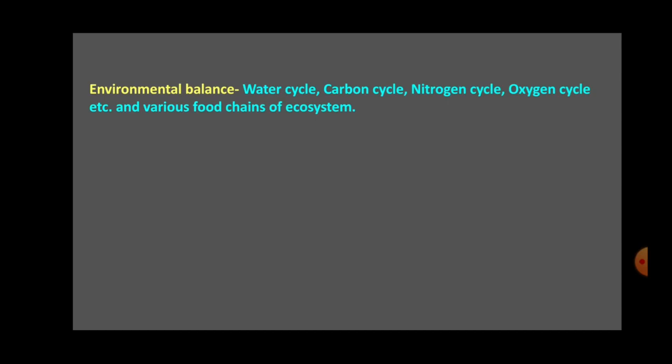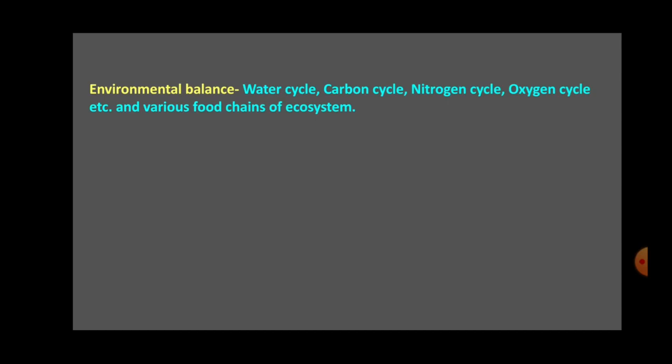Now what will happen if there is no carbon cycle, nitrogen cycle, oxygen cycle? These cycles are important because they continuously keep recycling these components so they can be used up by the biotic and the abiotic factors in the environment, yes or no?